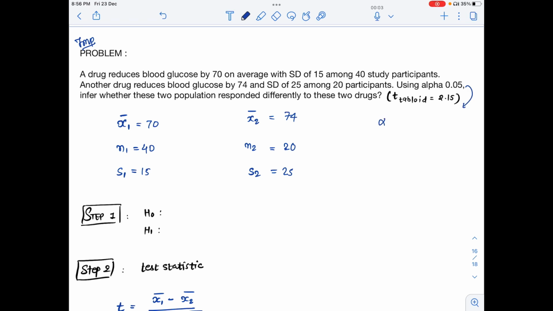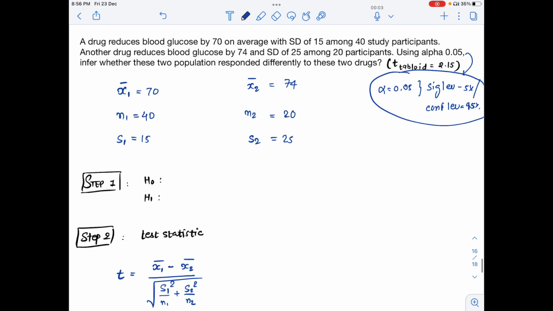Now an alpha of 0.05 is equal to a significance level of 5% and a confidence level of 95%. So all these are synonyms.